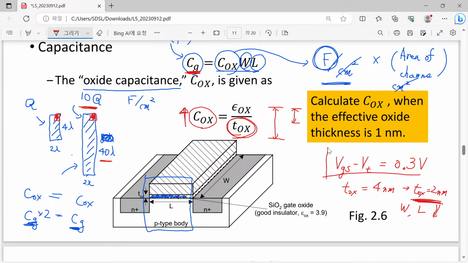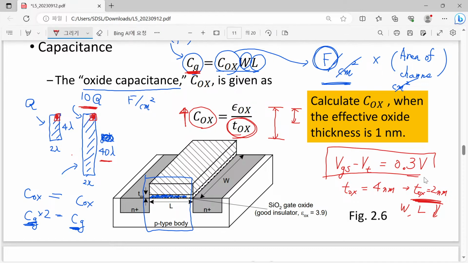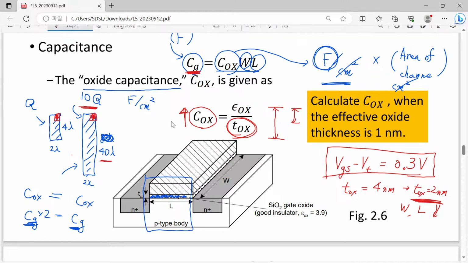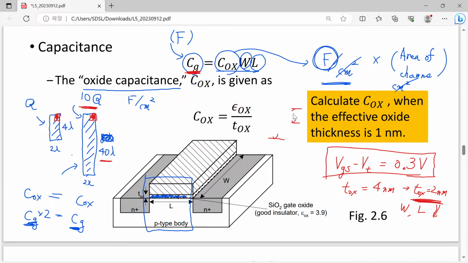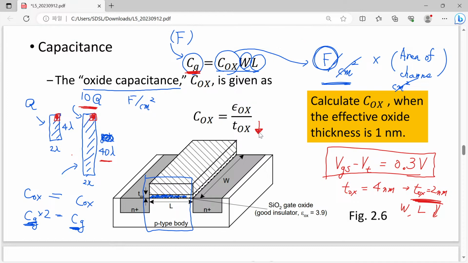For the same gate overdrive voltage, you will have twice more charges. So you can easily understand that, due to this kind of estimation, people are always trying to decrease their oxide thickness.